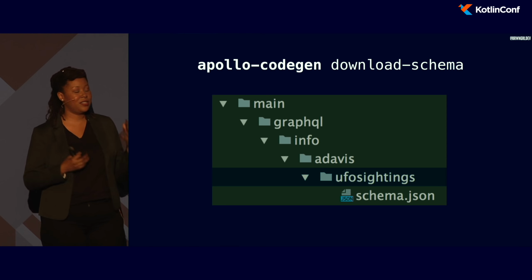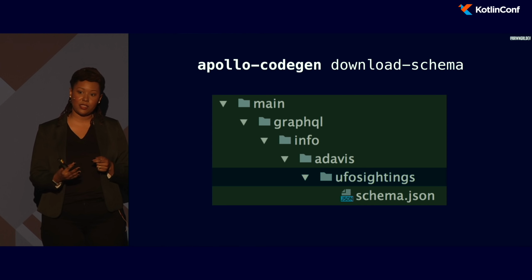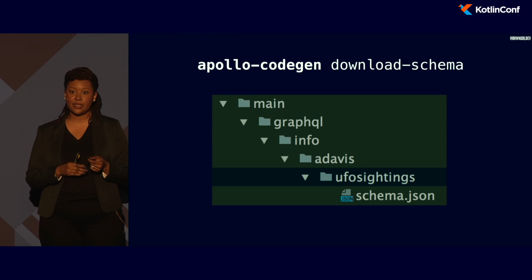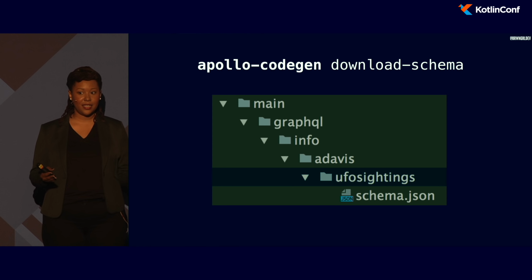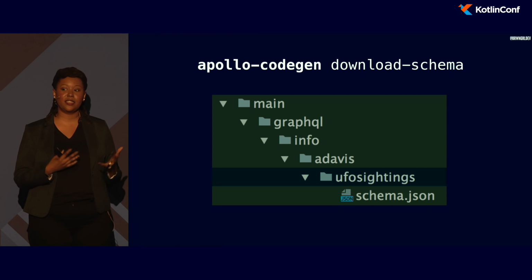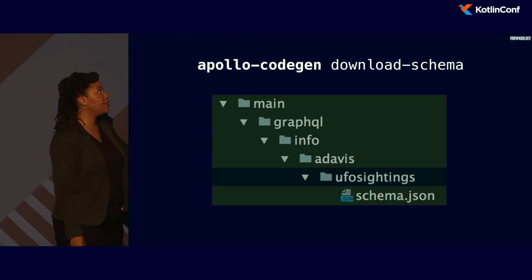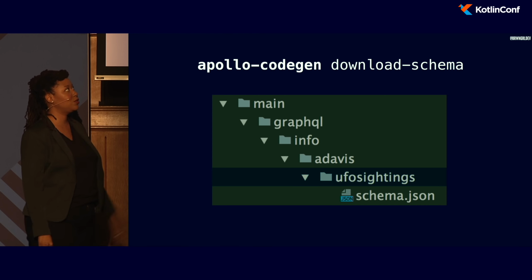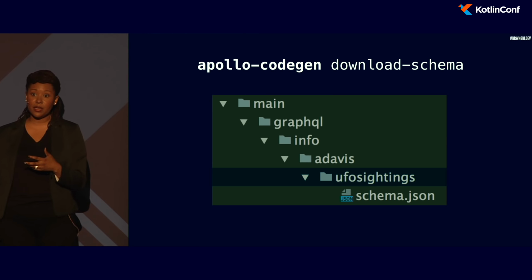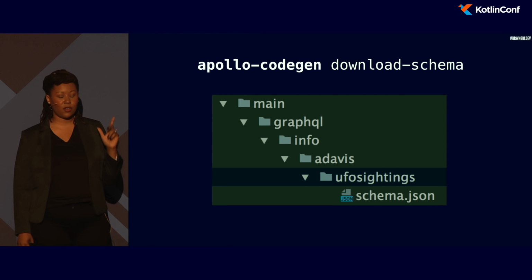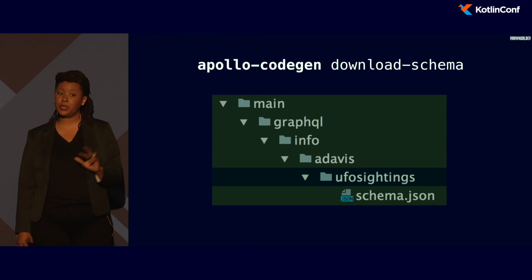And then once you do that, you need to download the schema. So we talked about this before. The schema is the contract between the server and the client. So there can be no contract if the client doesn't know about it. And there are some command line tools that you can use to download the schema. Since this talk, they have added a new one, but I don't believe Apollo Android has caught up yet.